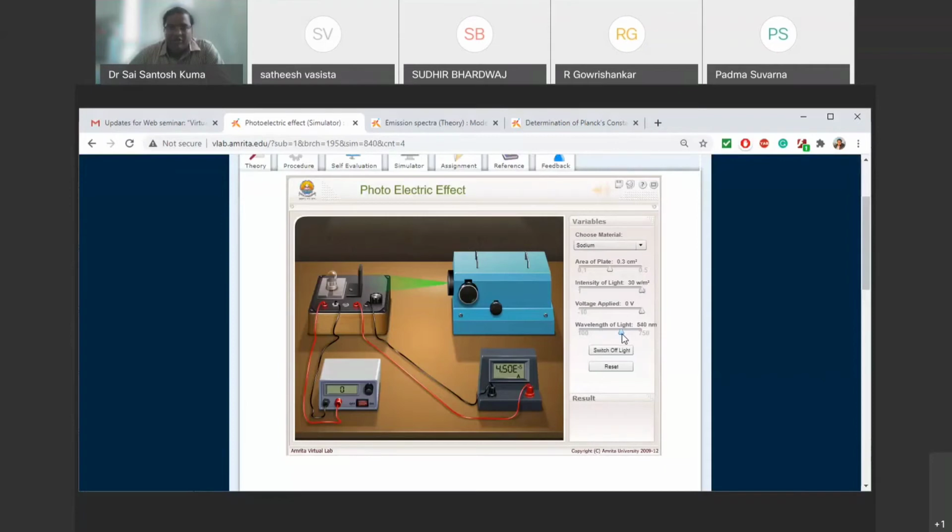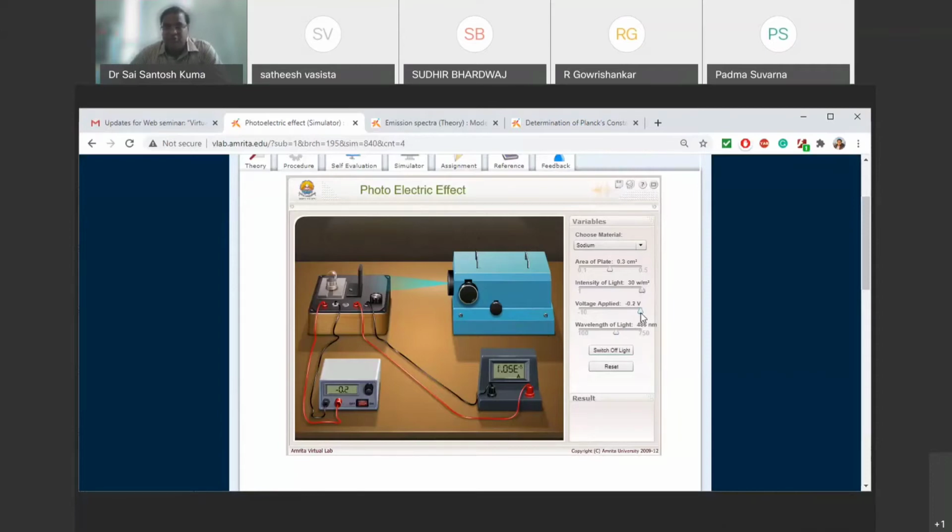Let me go to 540 nanometers. Let me go to about 480 nanometers. Doesn't matter, that's very difficult to control. So this is 486 nanometers. At 486 nanometers I see some current. Then I keep changing the voltage.